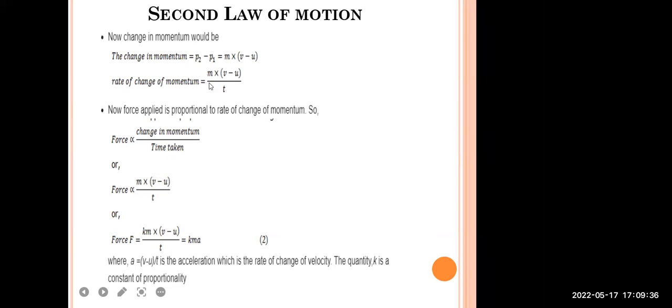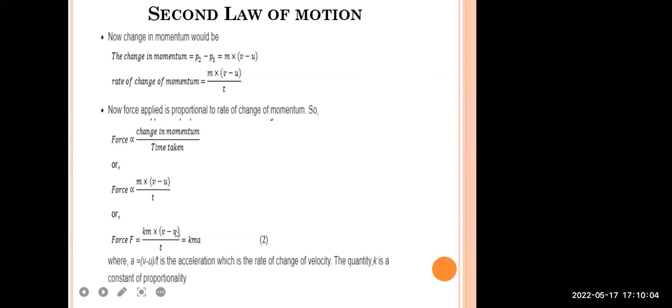I can put this term in this equation: m into v minus u upon t. So this proportionality constant I have kept as k. So F equals k times m into v minus u upon t. Here v is your final velocity, u is your initial velocity, and t is your time.